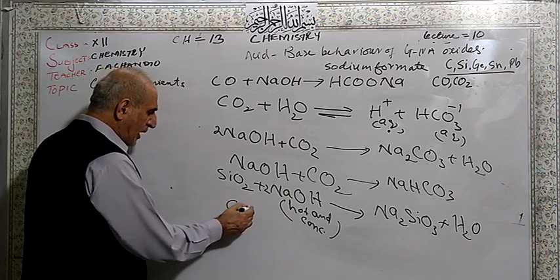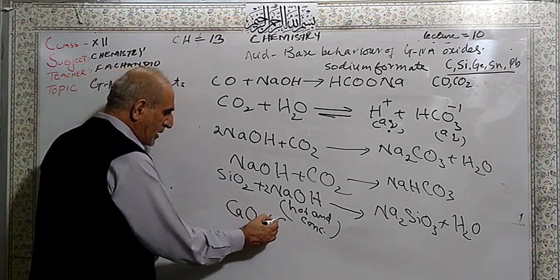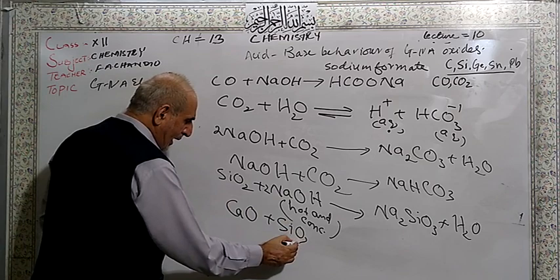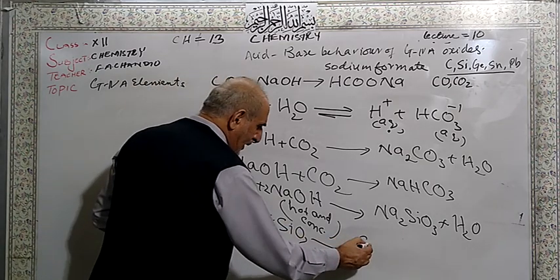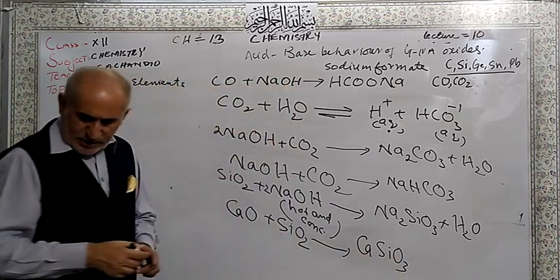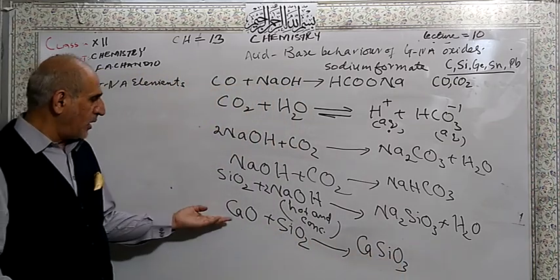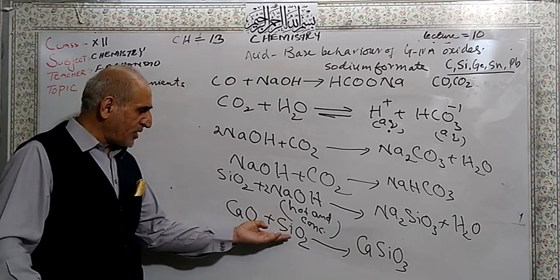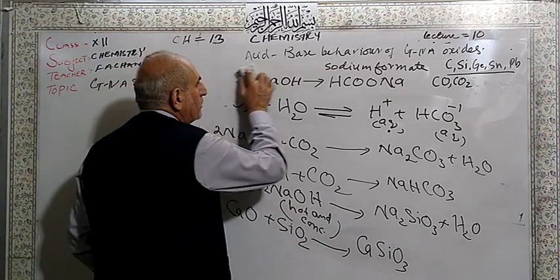Calcium oxide is a basic oxide, silicon dioxide is an acidic oxide. You will get a salt called calcium silicate. Generally a basic oxide and an acidic oxide give a salt.